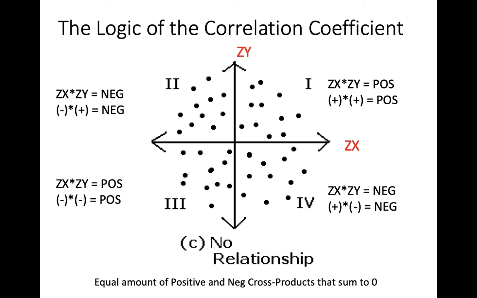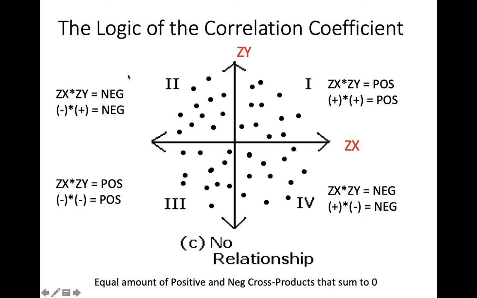And then with no relationship, here's what we have. We've got highs going with highs, positive deviations with positive deviations, positive z-scores with positive z-scores. So a positive times a positive is a positive when we take the cross products. Same thing here. Negative times a negative is a positive. So some of our cross products are positive.